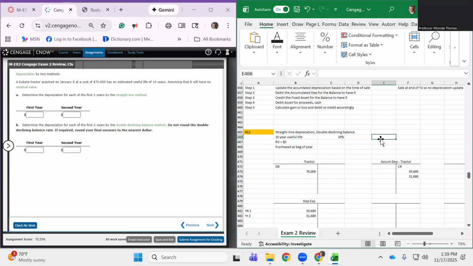Okay, that's straight line. Actually, I'll put straight line rate right here. Then that makes the double declining rate 2 times that, so double declining is going to be 20%.